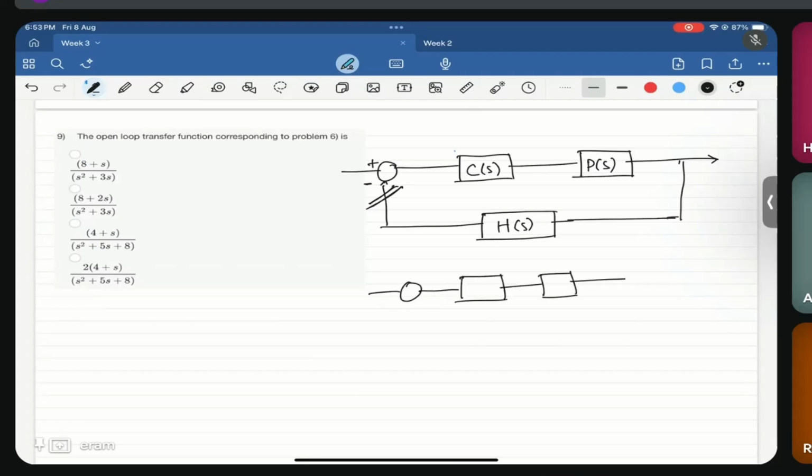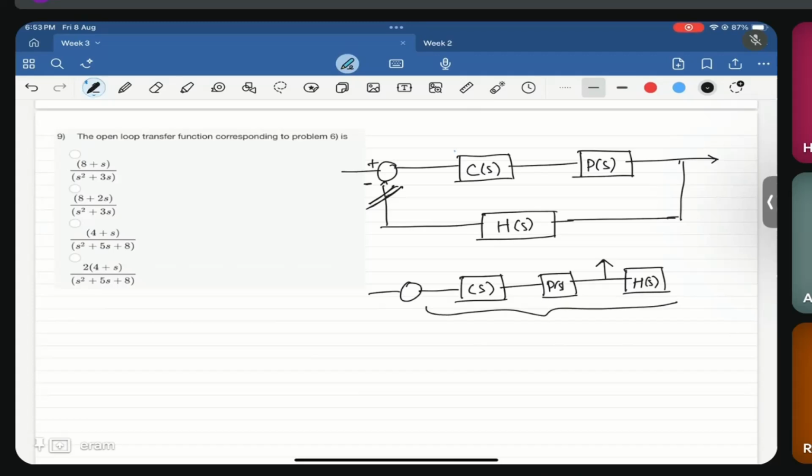Now if we draw the open loop structure, how will it look? Here is the output we are taking. So this was C(s), this was P(s), and if we cut this, all these blocks come in series, in cascade.